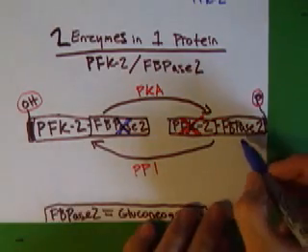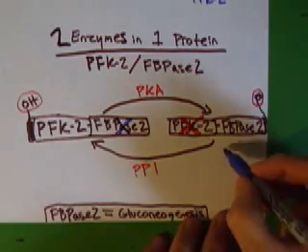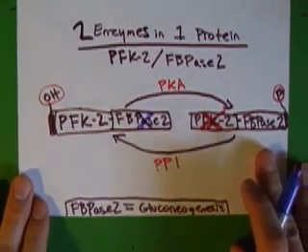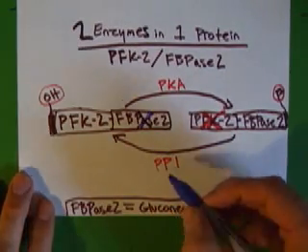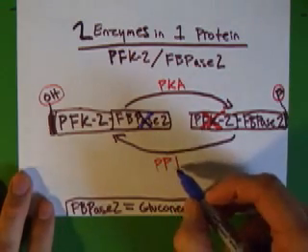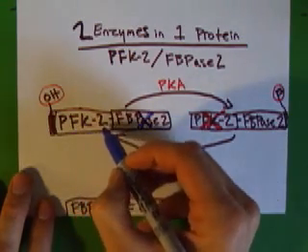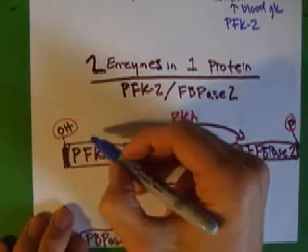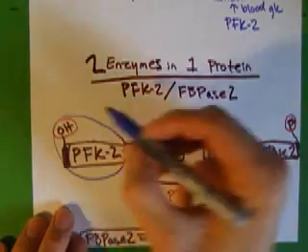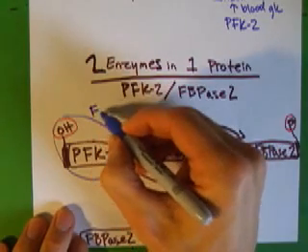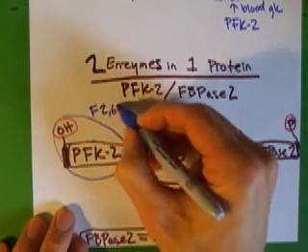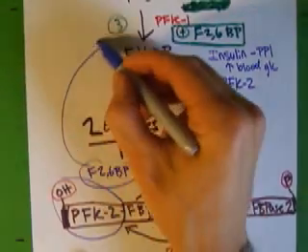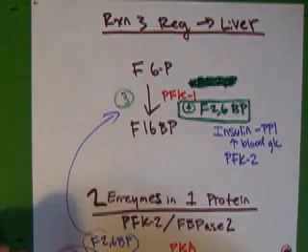So you'll discuss later that when FBPase2 is on, that's when gluconeogenesis is happening. But for now what we're worried about is insulin stimulating PP1, which turns PFK2 on by dephosphorylation, and PFK2 makes the F26 bisphosphate. And that's the most important thing in reaction 3.